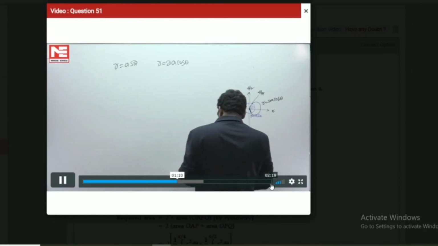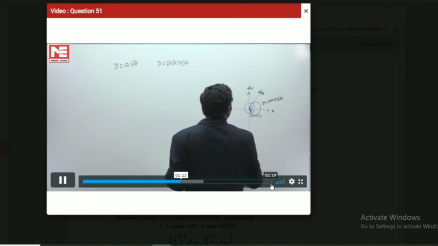We have to find out the area bounded by these two circles.